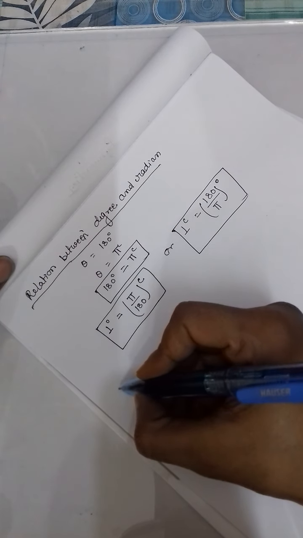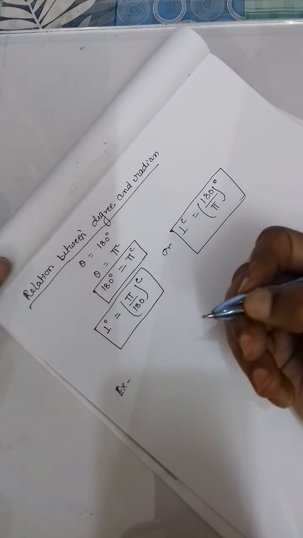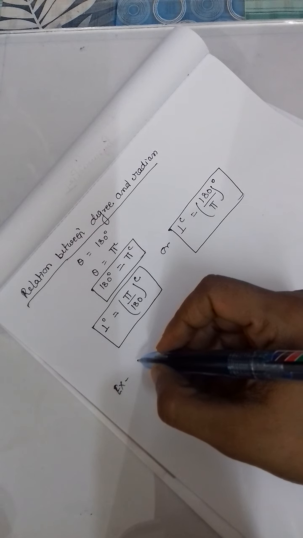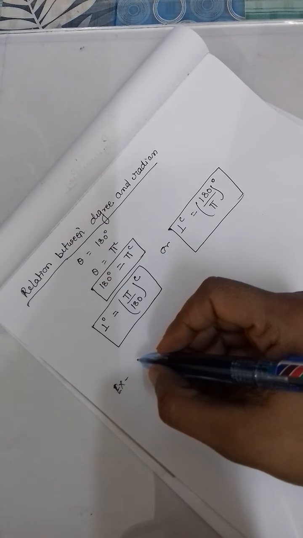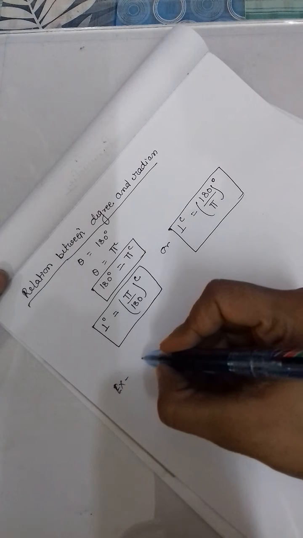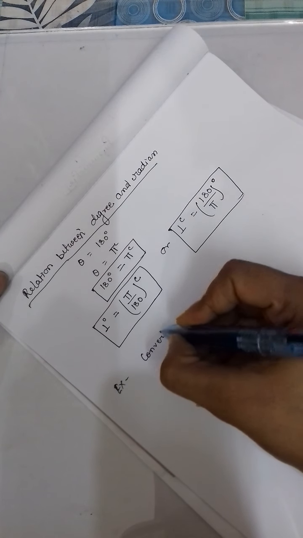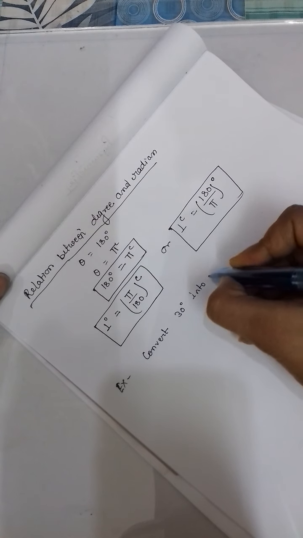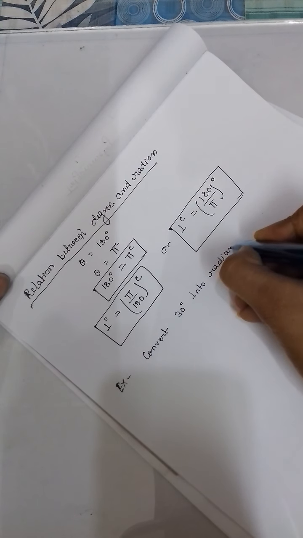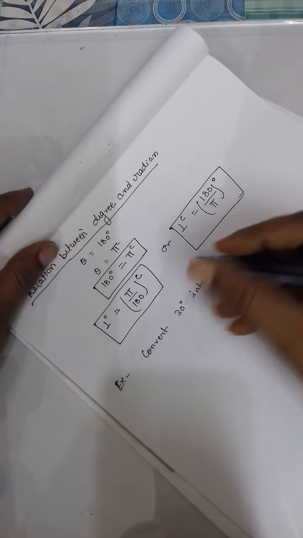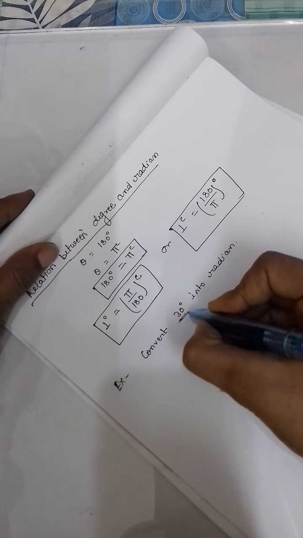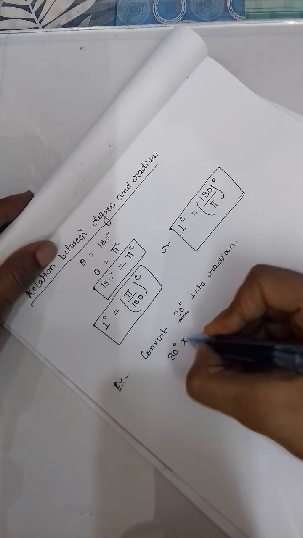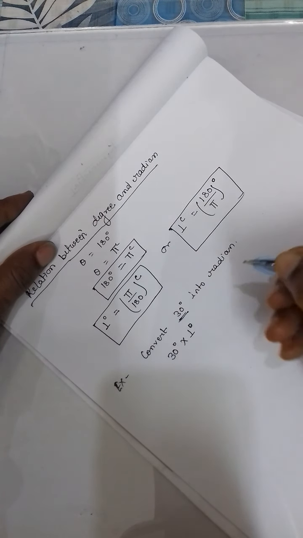Let us take an example. First of all we took small values of it. Now convert 30 degree into radian. So how we convert 30 degree into radian? 30 degree is multiplied by 1 degree.